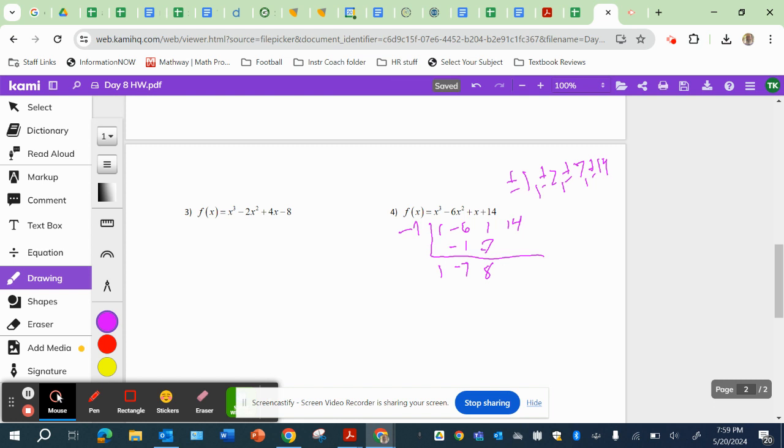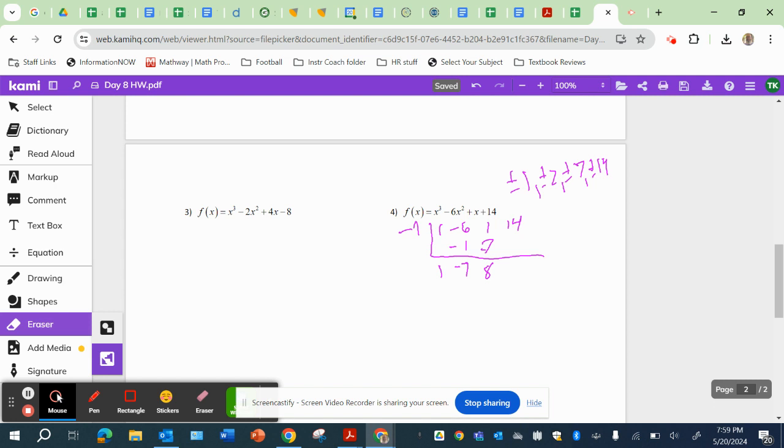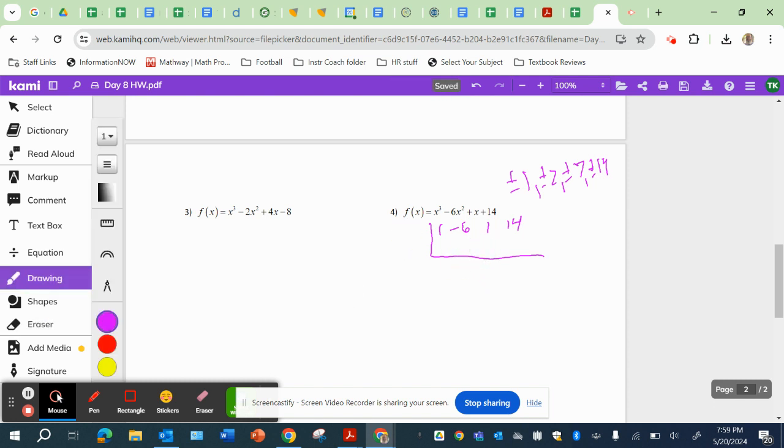So we've done 1, negative 1, 2, negative 2. Go to 7. That's 1, 7, 8. Nope.